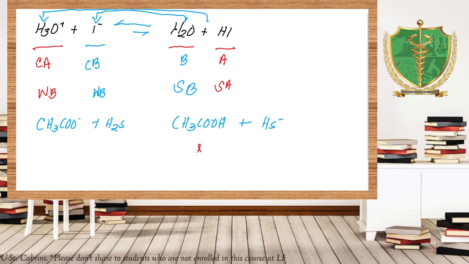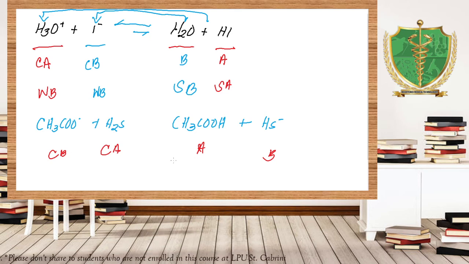So this is an acid. This is a base. Between acetate ion and hydrogen sulfide ion, which is our acid? Sino yung tumanggap ng hydrogen? So this is our conjugate acid and this is our conjugate base.